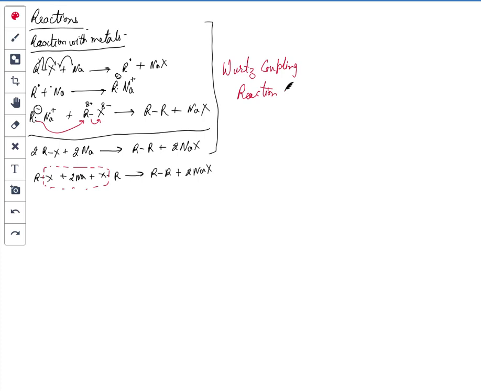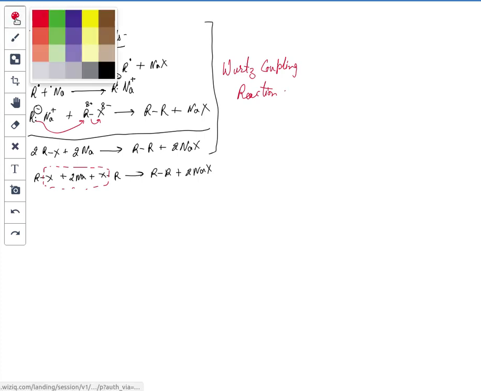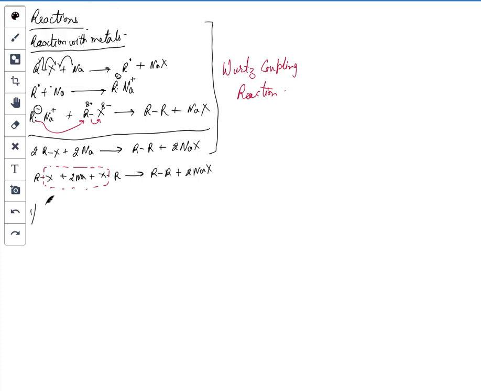Now, when we talk about the Wurtz coupling reaction, it has certain limitations. The first limitation is that it can't be used to prepare methane. Second limitation is that if I use two different alkyl halides, then it's going to give me a mixture of alkanes. So any alkane which requires two different alkyl halides can't be prepared using Wurtz reaction.